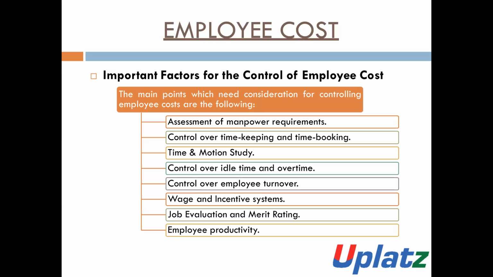Control over idle time and overtime. There should be proper control over idle time and overtime, and proper control over employee turnover. Wages and incentive system should also be considered for controlling the employee cost.